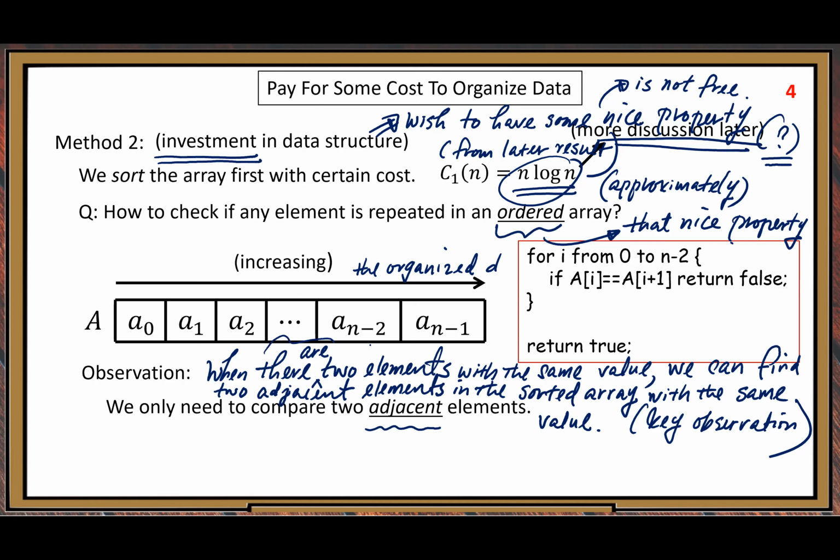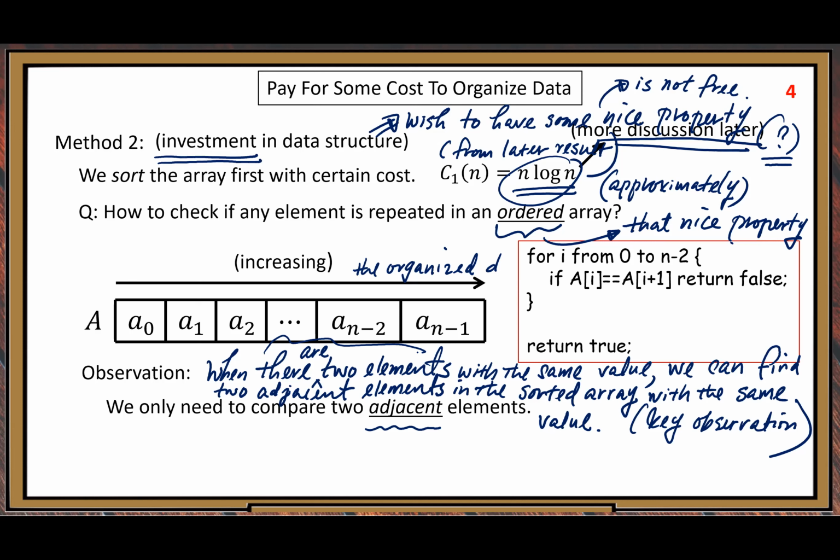We do not say that these two elements should be adjacent. We just say we can find at least two elements with the same value that are adjacent. So we try to make our statement rigorous.